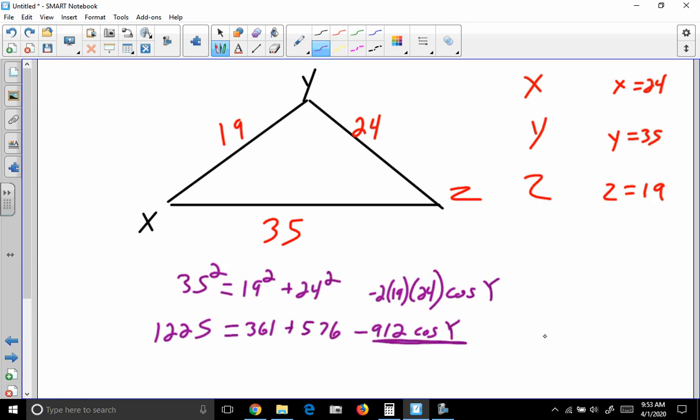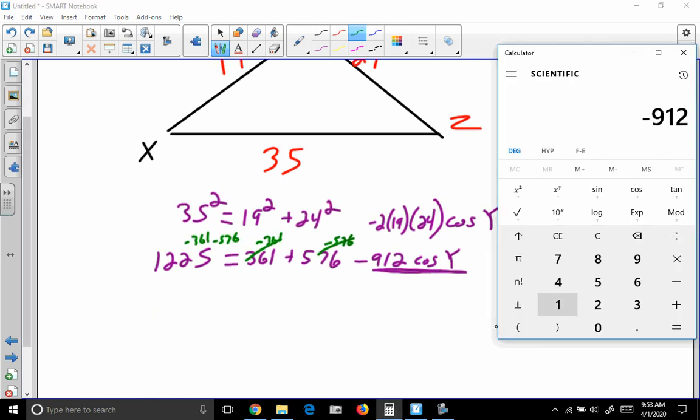So we want to isolate the cosine Y term and have every term that doesn't have a variable in it to the other side. So we're going to subtract 361 from both sides, and we're going to subtract 576 from both sides so that those cancel. So on the left side we have 1225 minus 361 minus 576, so 288.